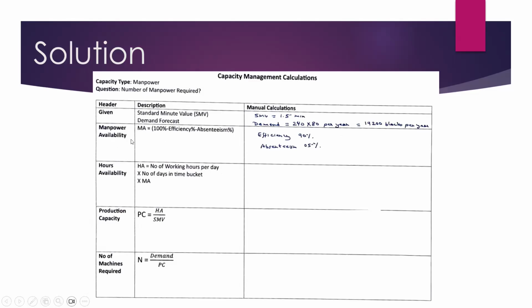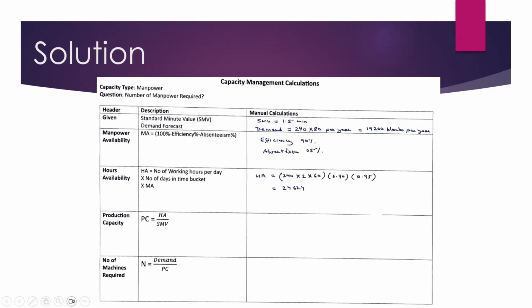So for manpower availability, the given information is that efficiency is 90% and absenteeism is 5%. So we calculate the hours available as 240 days multiplied by 2 hours per day multiplied by 60 minutes, accounting for 90% efficiency and 95% presence because 5% was absent.